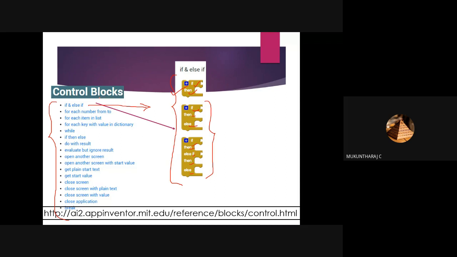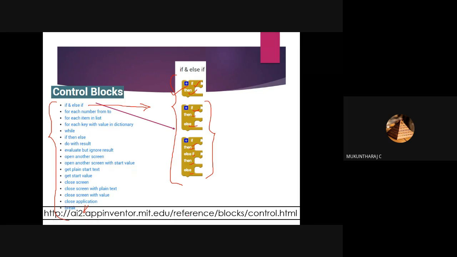If you want to learn about these control blocks, you can refer to this website. Of course, it is also available in your help menu itself. Anyhow, I'll give you the site: ai2.appinventor.mit.edu reference. As I have told you, this is App Inventor version 2.